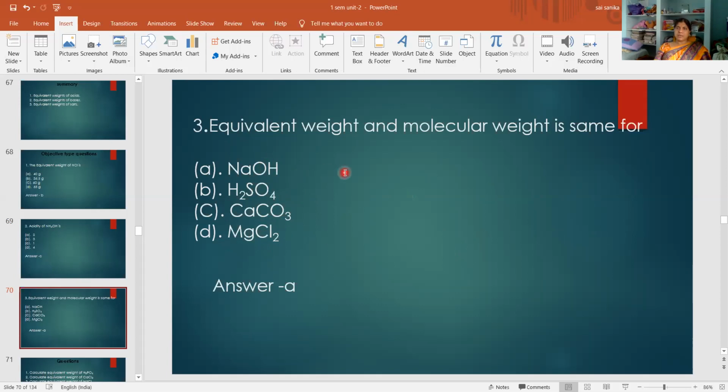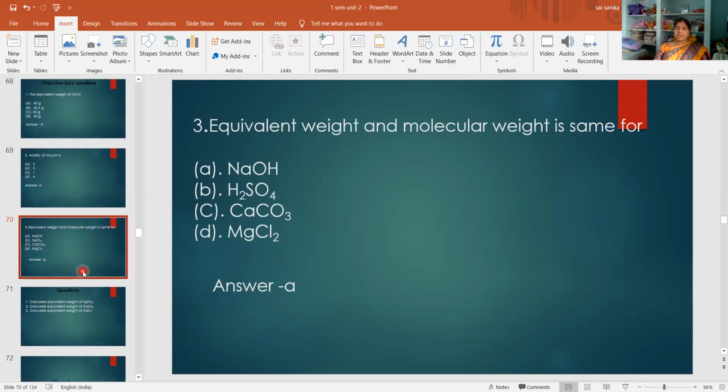NaOH splits as Na plus and OH minus, so it is a base. What is the acidity? 1. When the acidity, basicity or charge is 1, only then the molecular weight and equivalent weight are the same. So for NaOH they are the same. The answer is A.